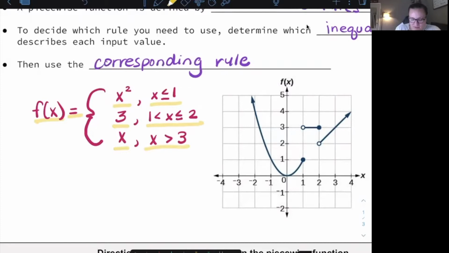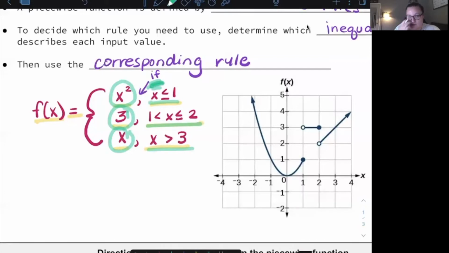So when you see the commas, you're going to read the commas as if. It's conditional. So you use x squared if x is less than or equal to 1. You use 3 if x is between 1 and 2. You use x if x is greater than 3.